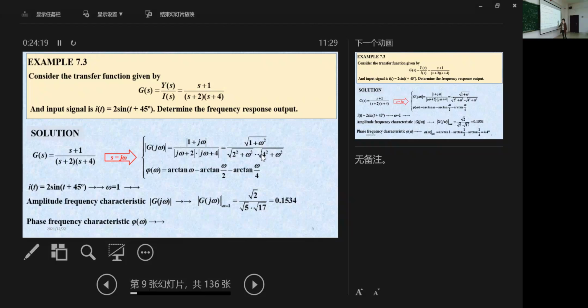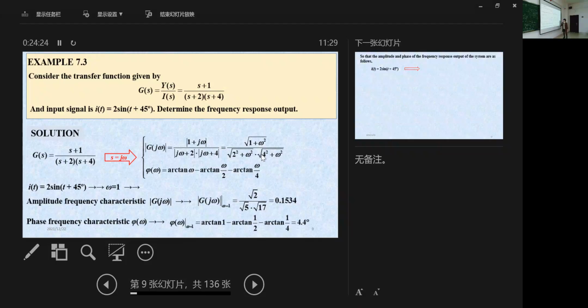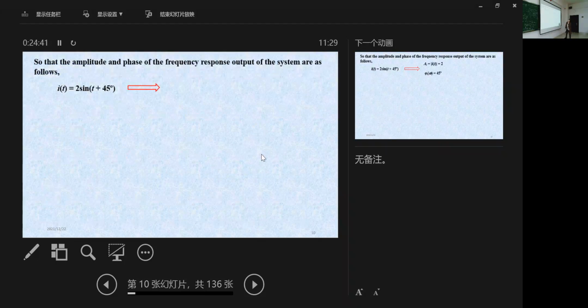And the phase frequency characteristic: let omega equal 1. So we have the amplitude and the phase of the frequency response output of the system. Since 2 is the amplitude of the input, Ai equals 2.